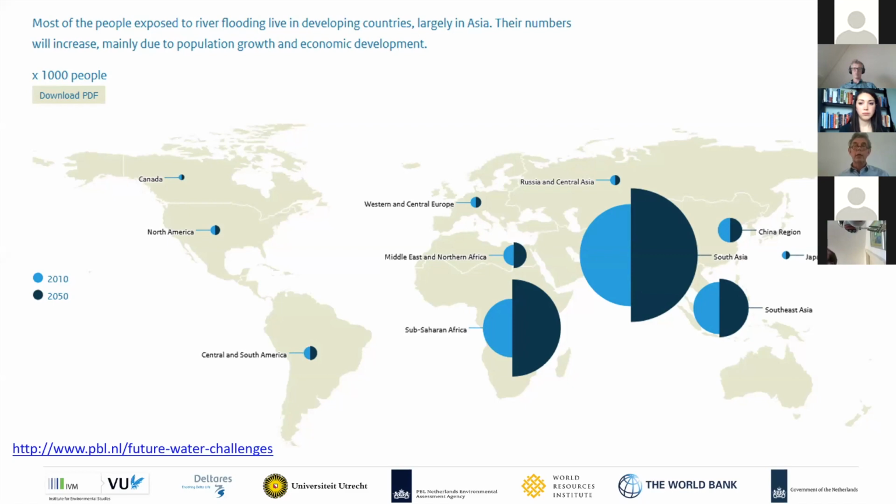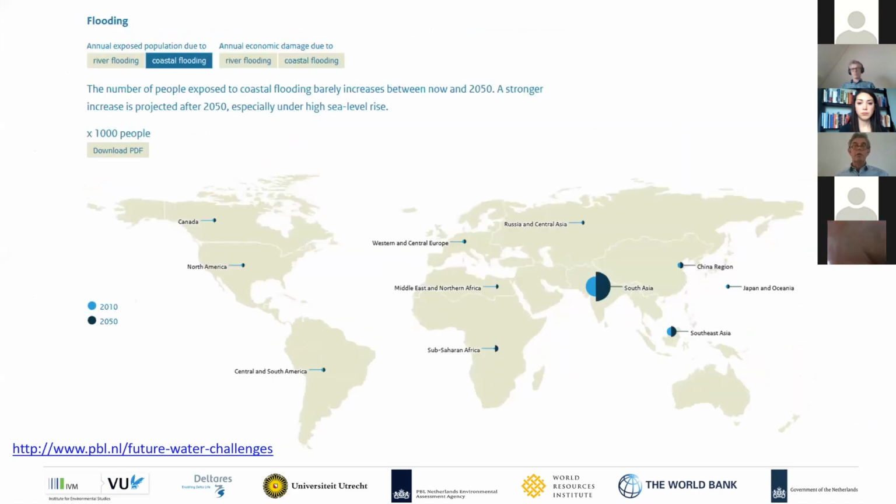And also here you see the domination of Southeast Asia and also Sub-Saharan Africa. So this is exposed population from river floods. And here you have, on the same scale, the population exposed to coastal floods, which in number of people is far less, as you see.